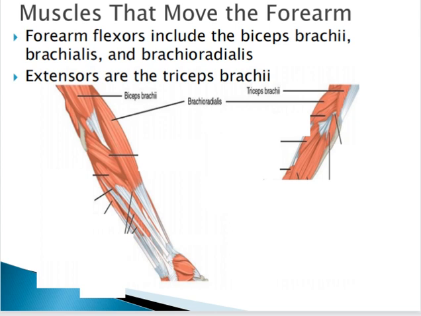The pronator teres has 2 heads that originate from the medial epicondyle of the humerus and the coronoid process of the ulna. The median nerve passes between them, and the ulnar artery passes on the deep side of the ulnar head.